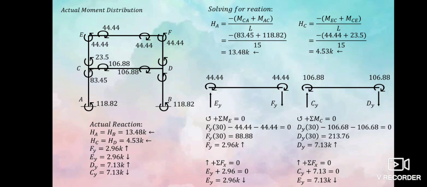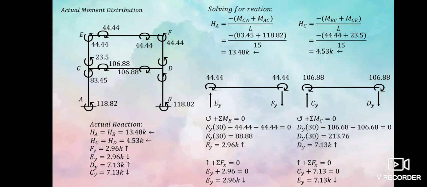And now on the lower part of the right part, for the values of Ey, all forces going up are positive. Summation of forces equal to 0, Ey plus 2.96 equals 0. So your Ey would be equal to 2.96 going down.